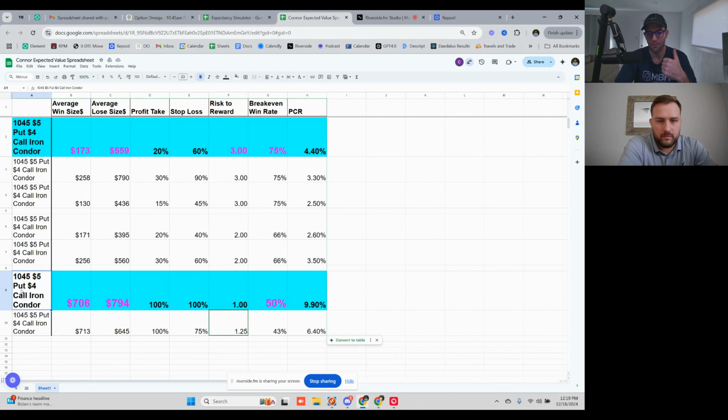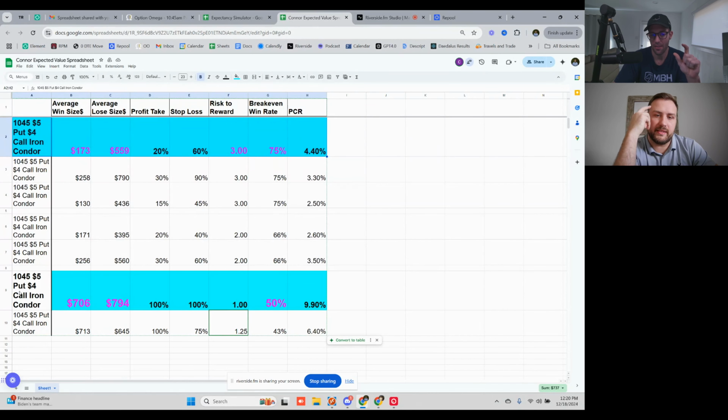This has a 1-to-3 risk to reward, which is similar to all in it open, and this has a 1-to-1 risk to reward, which gives us diversity in that fact. And then we could also have diversity with time exposure. If this trade roughly lives for an hour and all in it open goes to expiration, it's only going to be 1/7 as correlated for that hour on the profit days. Makes sense. This trade is going to be just as exposed all day.